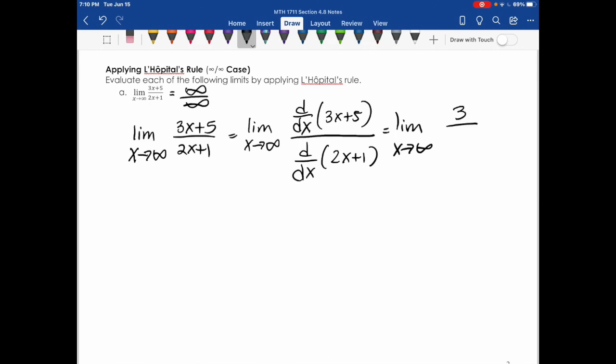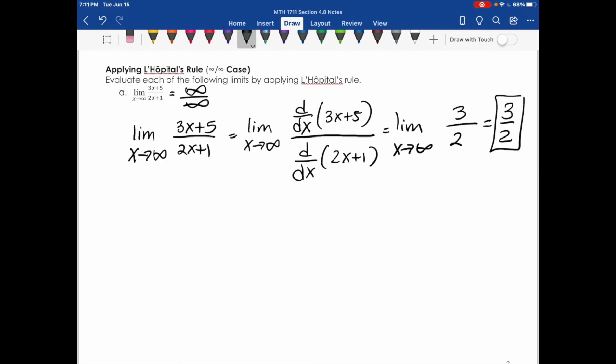Now, when I take the derivative of 3x plus 5, that's going to give me a 3. And when I take the derivative of 2x plus 1, I'm going to get 2. Since this is just a constant function, it's a horizontal line at 3/2, the limit is going to be 3/2.